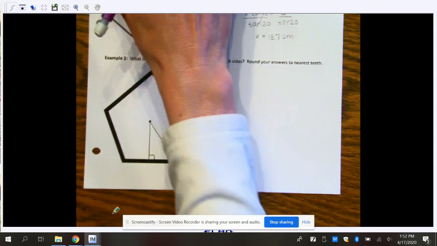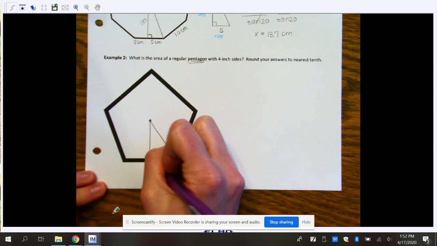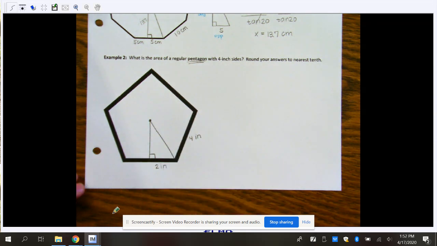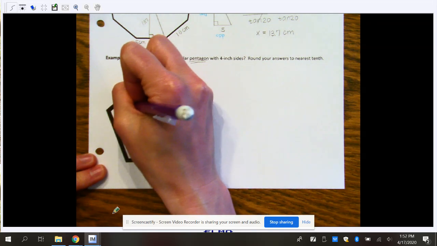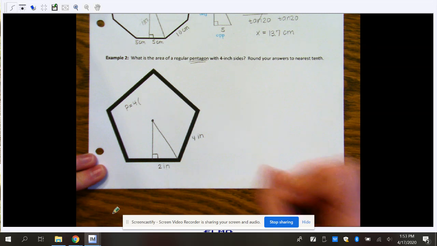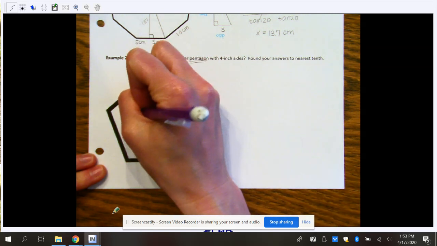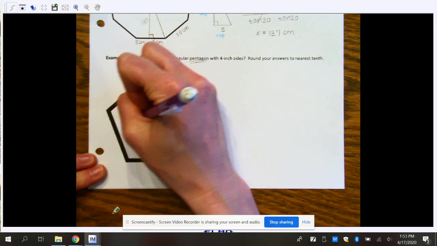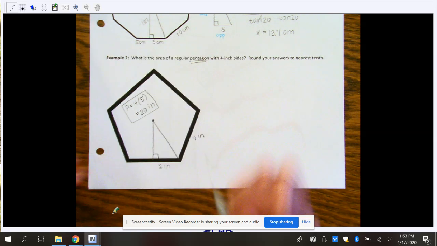So if the sides are 4 inches, that means this is going to be 2 inches. If you want to start, you can find the perimeter first. That's kind of the easy part. So if each side is 4 inches and there's 5 sides total, that means the perimeter is 20 inches.